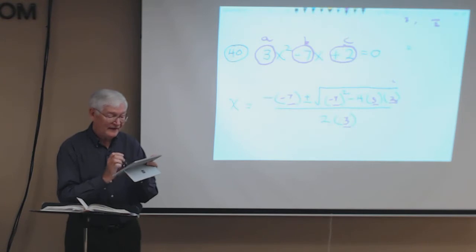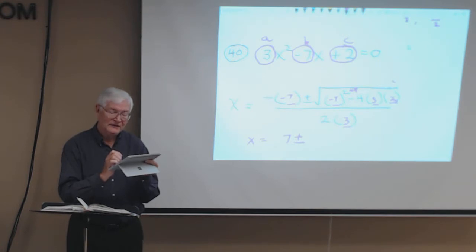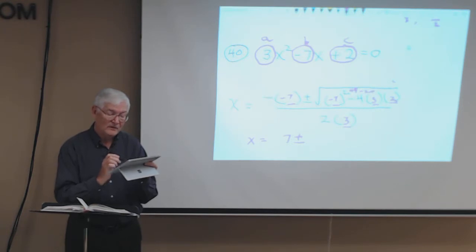So now what do I do here? What's the negative of negative 7? That would be 7. And this is x equals 7 plus or minus what? What's negative 7 squared? 49. What's 2 times 3? 6. Times 4, 24. What's 49 minus 24? 25.